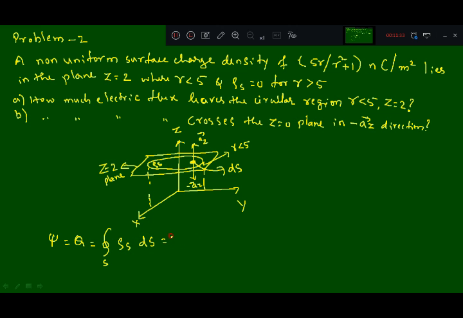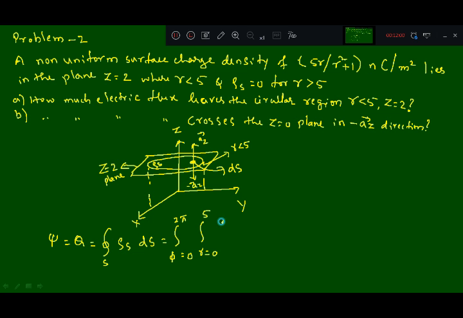So it is nothing but the integration of phi from 0 to 2 pi, then one more integration, r from 0 to 5, because r is less than 5.